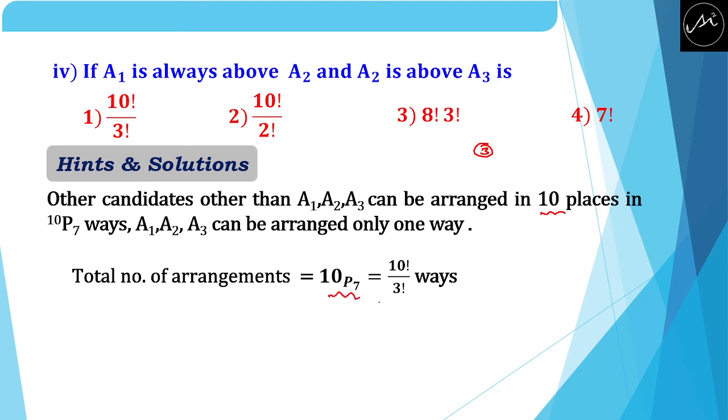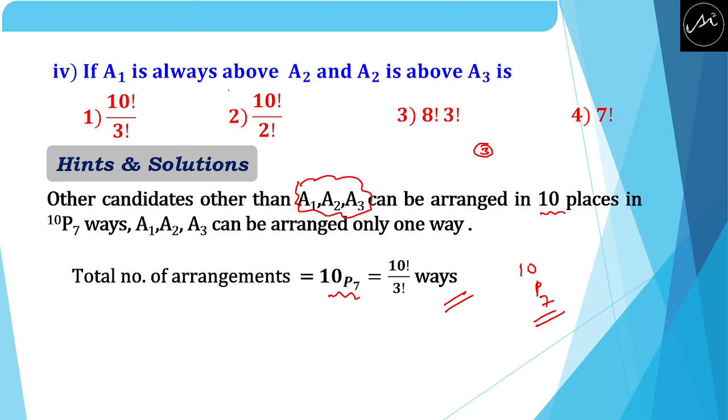Therefore 10P7 will be the total number of arrangements, because A1, A2, A3 are having the restrictions, and the other 7 are not having any restrictions. So 10P7 can be written. 10P7 means 10 factorial divided by 3 factorial will be the right answer.